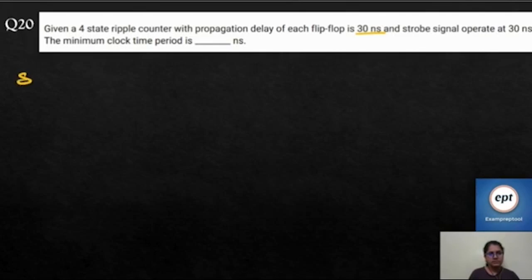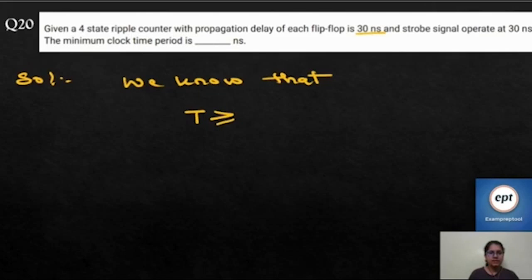So we know that T, which is the time period, is greater than or equal to, because they have asked the minimum one, so that's why the symbol is there, n times TPD, because the propagation delay is given, and 4 states are given, so which is n, plus the time of the strobe signal, which they have also given.